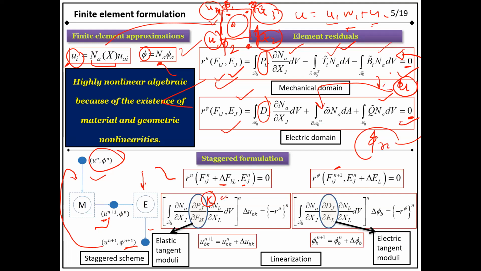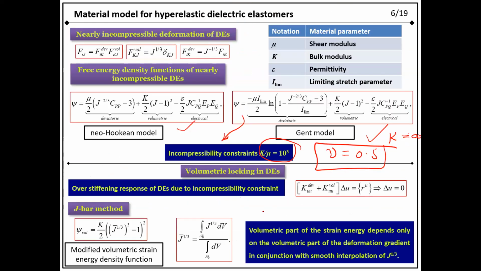When this is infinite, this term will become infinite, then the delta U will be 0. So there will be no deformation. So we cannot use exactly nu equal to 0.5.